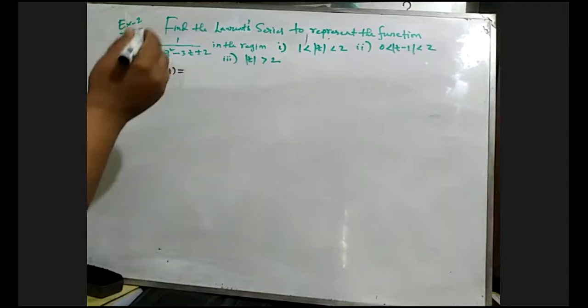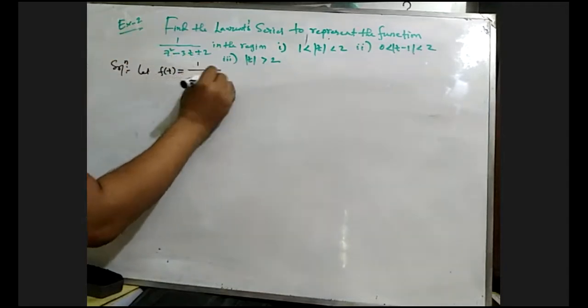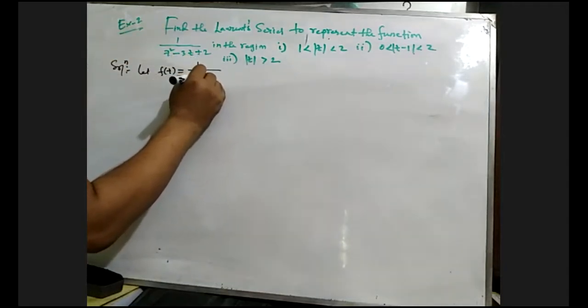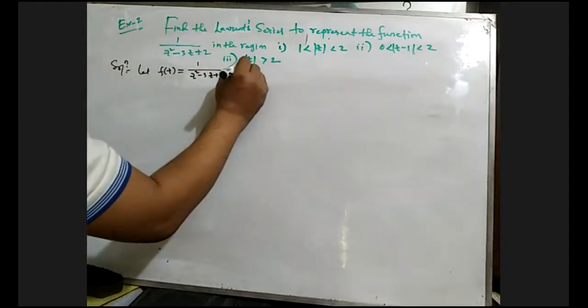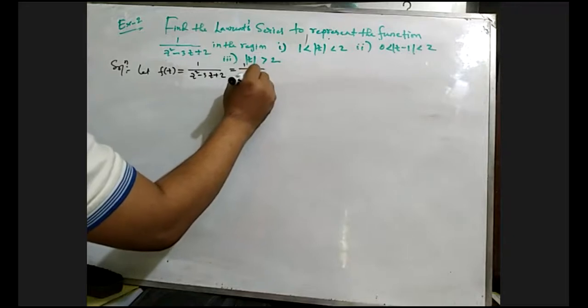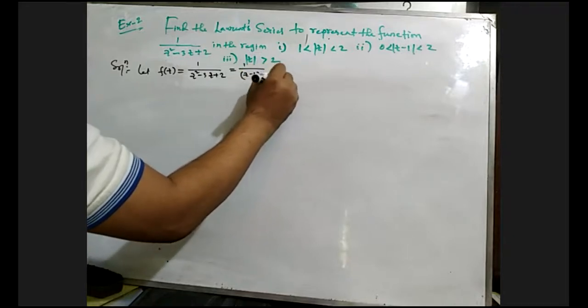So the given function is 1 divided by z square minus 3z plus 2. It has two poles as the previous one. Now this function can be written as 1 divided by (z minus 1)(z minus 2).